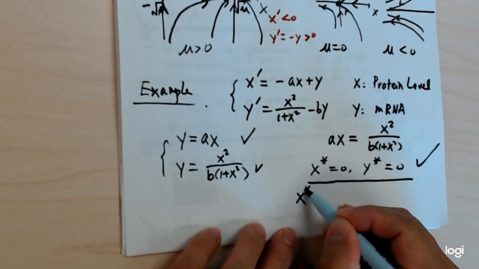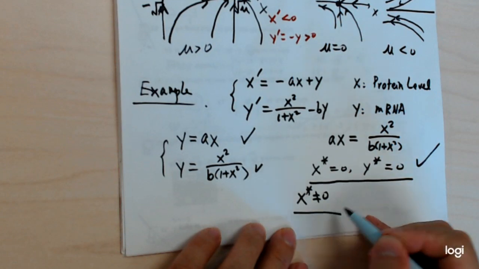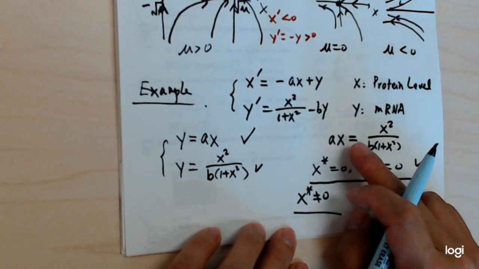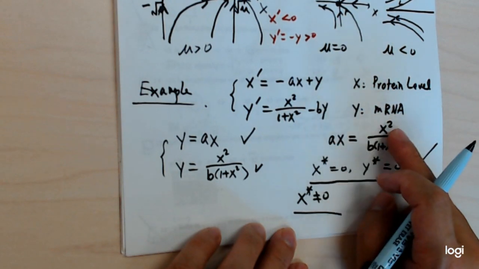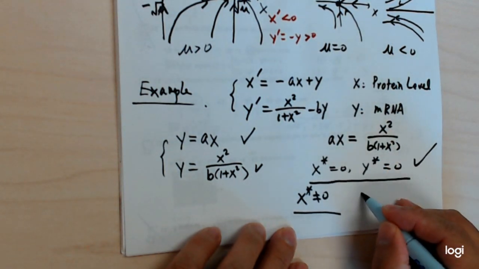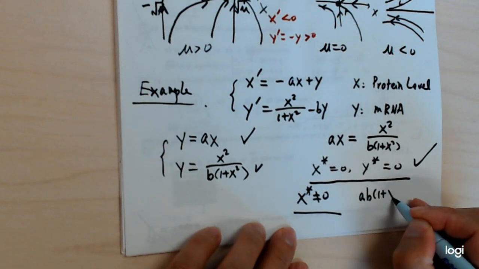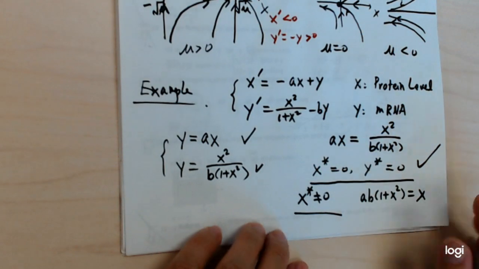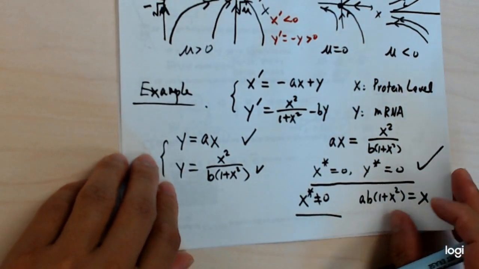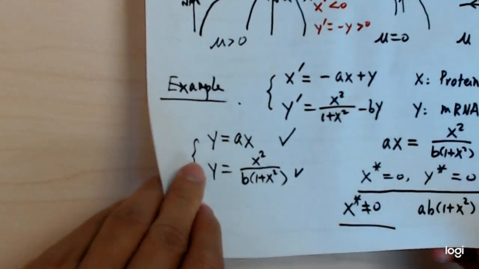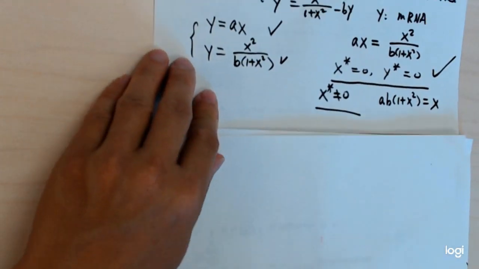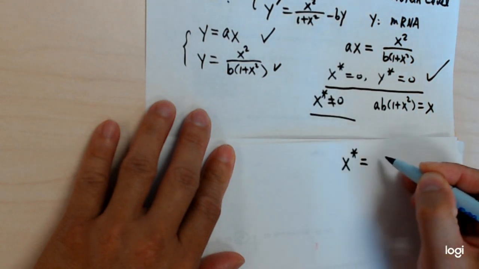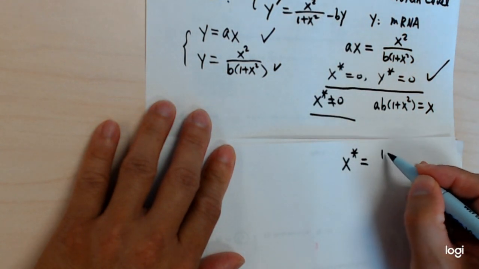When x is not 0, from this equation, you're going to cancel out the x here. You're going to multiply this across. Then you're looking at this quadratic equation here. When you expand this and apply the quadratic formula, you have the equilibrium given by this formula.